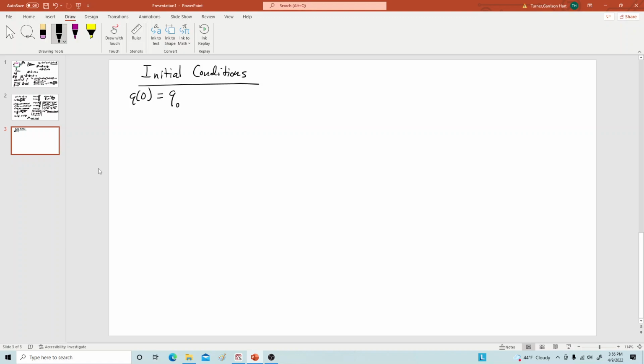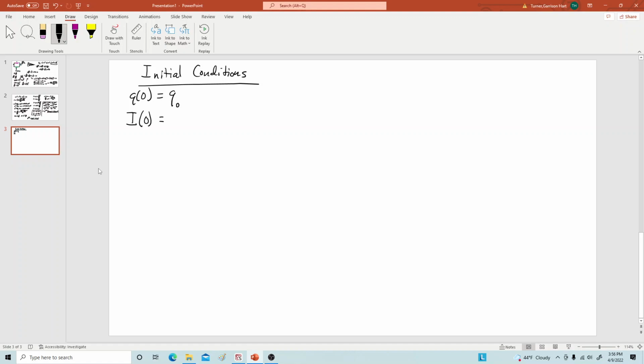The second initial condition, there are a few different ones you could consider, and you could derive relationships for different ones, but the most obvious one would be what is the current at time 0? Or alternatively, what is dq dt at time 0?